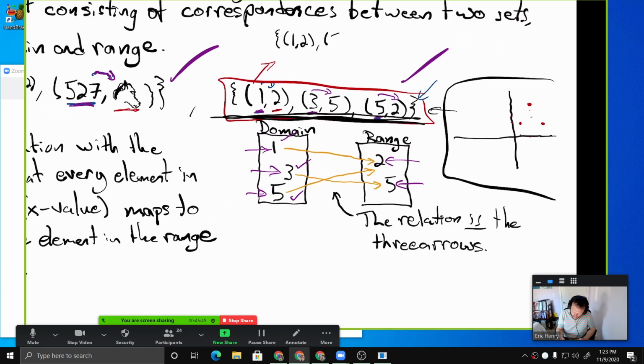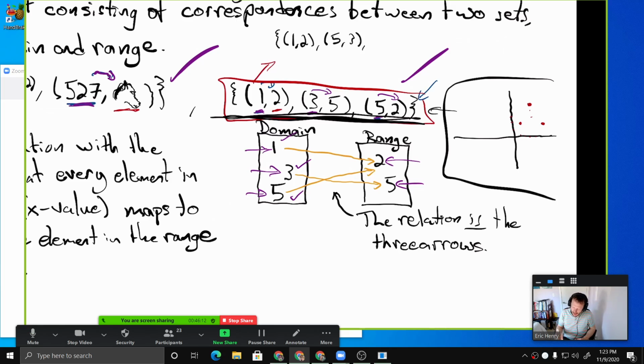5 comma 3. So now we see that, oh, I might have been confused about what you meant. Is this relation now a function? It is still a function.